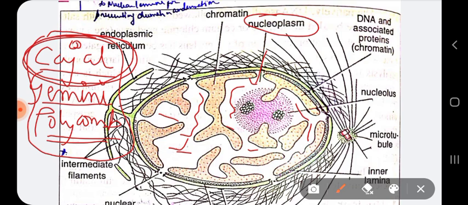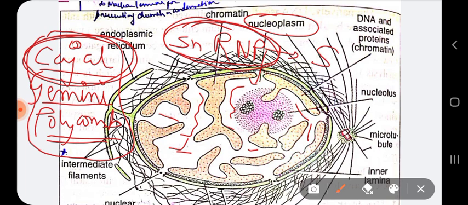This whole spliceosome complex is made up of small nuclear ribonucleoproteins that are found within these Cajal bodies. Cajal bodies are actually the main site for assembly of the small nuclear ribonucleoproteins, also called snRNP. These will make your spliceosome complex, which will catalyze the splicing process, where the introns of the mRNA, the non-coding regions, will be removed, and the coding regions, that is the exons, will be joined to form a functional mature mRNA. So this is the main function of Cajal bodies.